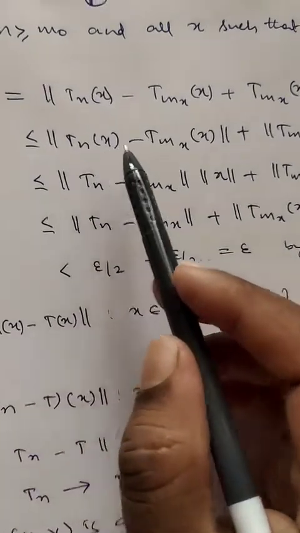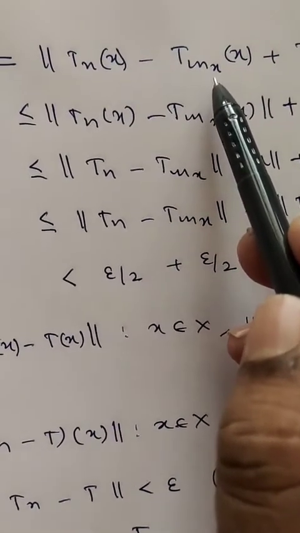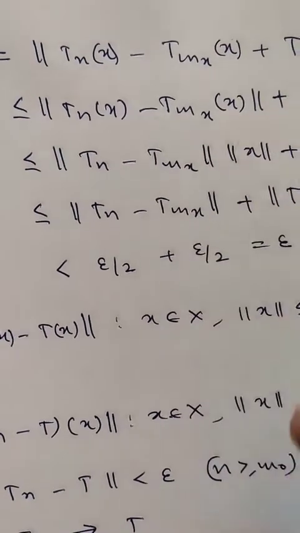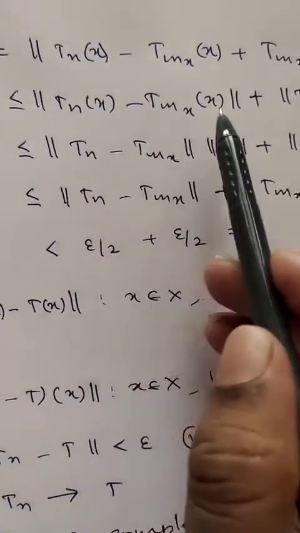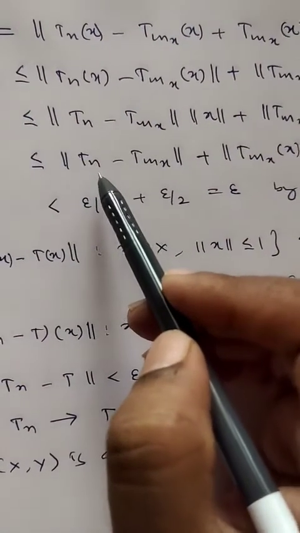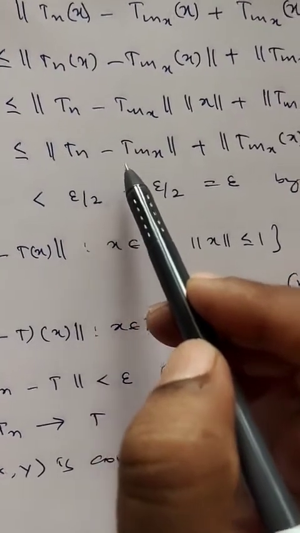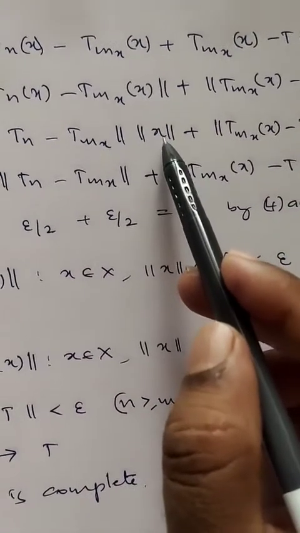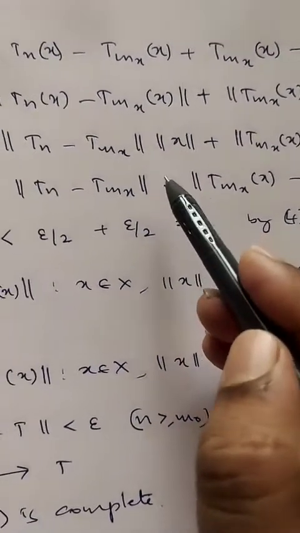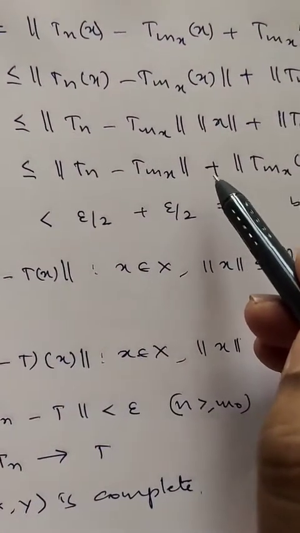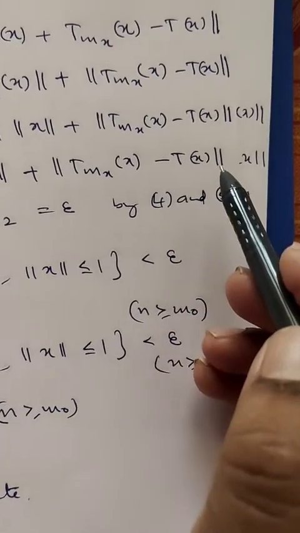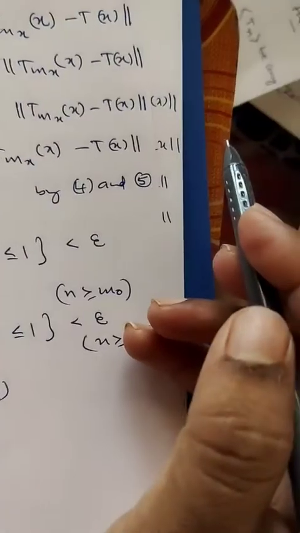The reason Tmx of x is written is that it is the integer corresponding to x only. So I group the terms and apply the triangle inequality. We see that this is less than or equal to the norm of Tn minus Tm of x, because the norm of x is less than or equal to 1, plus Tmx of x minus T of x, which I return as it is.